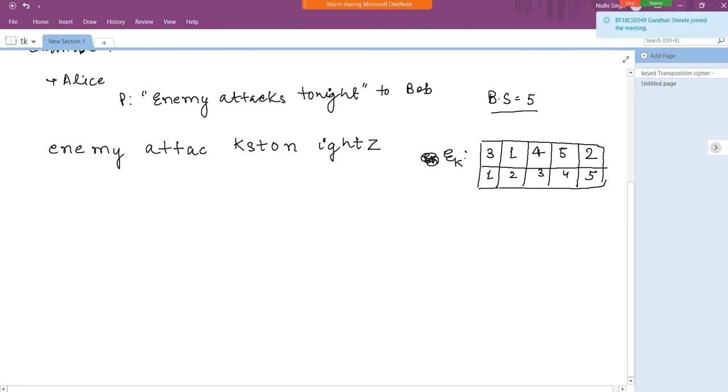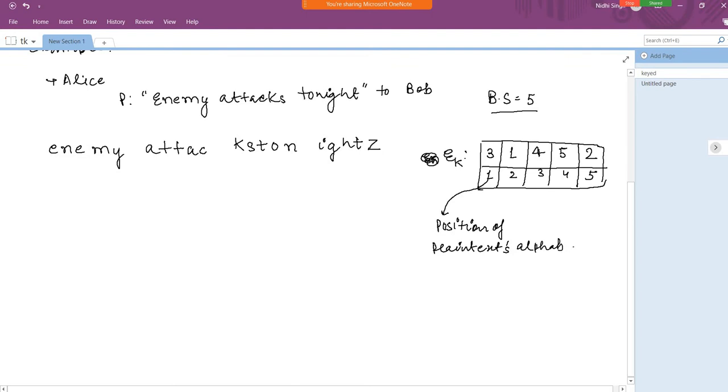So look carefully, this one, the index position will be understood as the position in the plain text alphabet. So the statement to understand the encryption process will be like this.